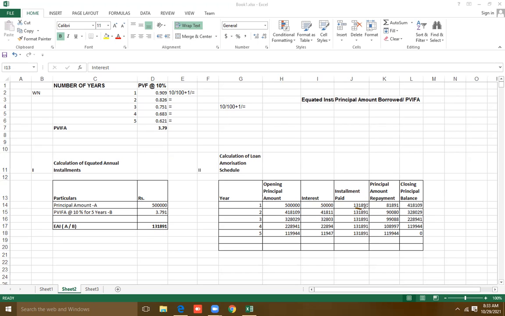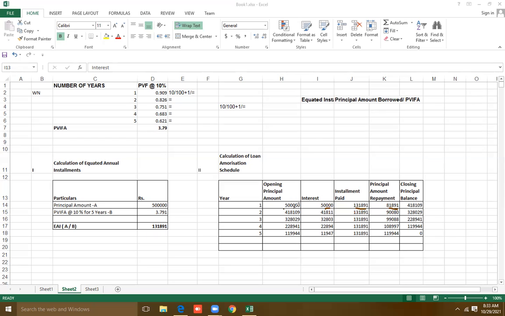Now in this 1,31,891, 50,000 is the interest, so the balance will be the principal component. The 5 lakh which you have borrowed, that also you have to repay in installments. So in the first year, 50,000 is the interest part and 81,891 is the principal component.